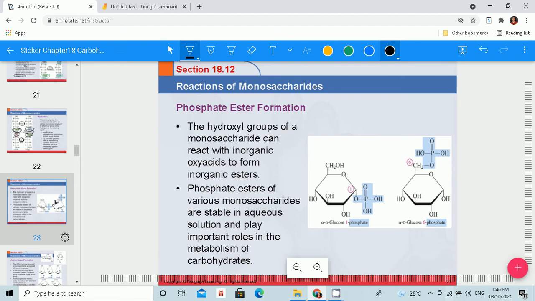We have the oxidation. Then let's go to phosphate ester formation. The hydroxyl groups of a monosaccharide can react with inorganic oxyacids.